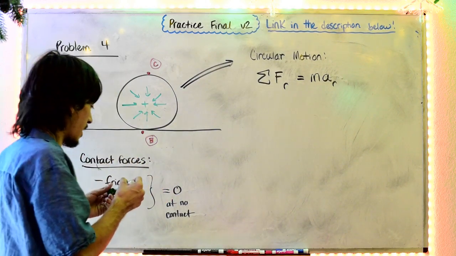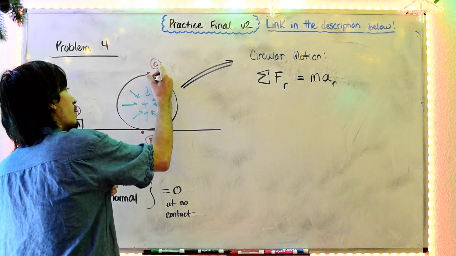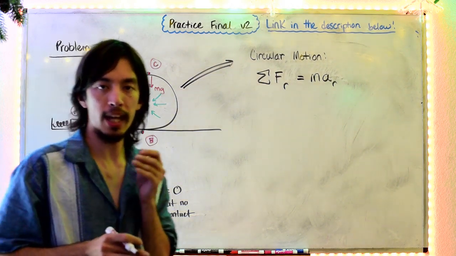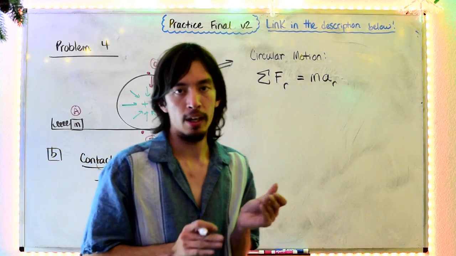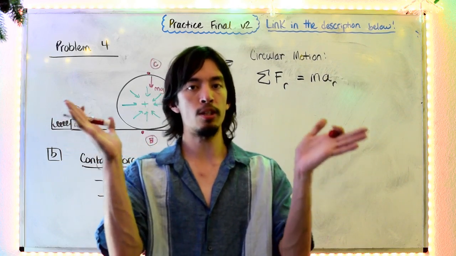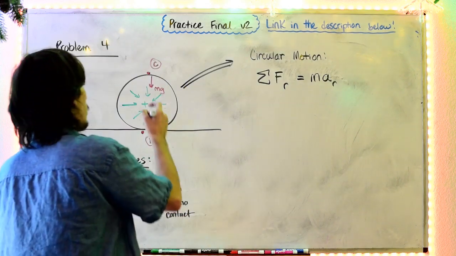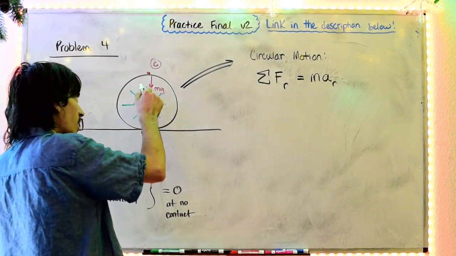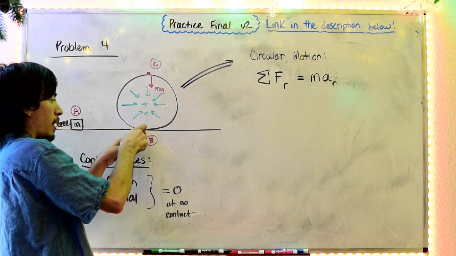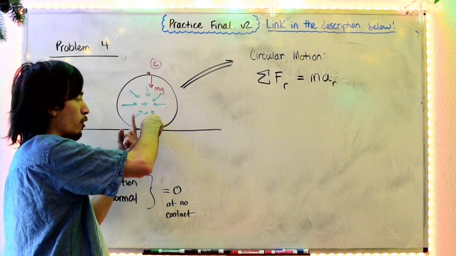With that said, when you consider your forces, you have your weight, mg. Technically, if I draw it in, when you do the free body diagram and assume it's in contact with the track, there would be a normal force. At the bottom, something almost pushes down on the track, so the normal force points up.